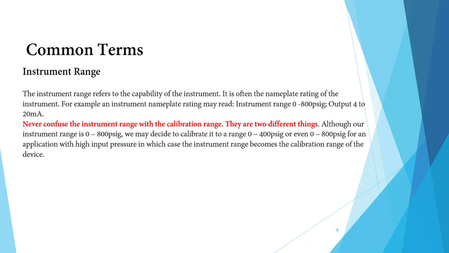But if you do this, you should think about the turndown. Later we will talk about turndown. The instrument range refers to the capability of the instrumentation, so don't confuse the calibration range and the instrument range.